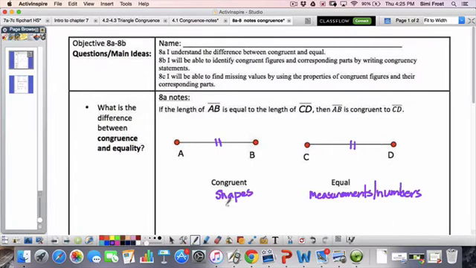And when we're talking about a shape with letters, the notation for a shape would be AB, and I've already touched on this a little bit, but AB with a line over it means line segment AB, or segment AB.